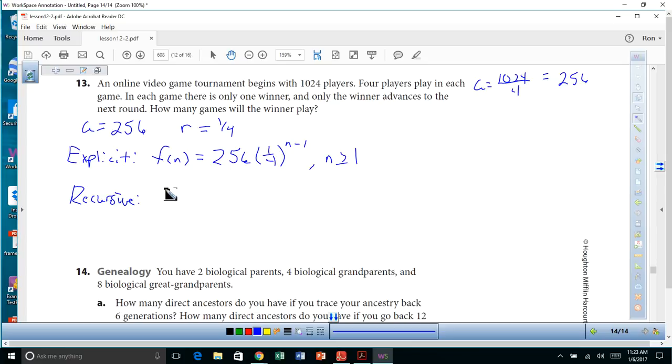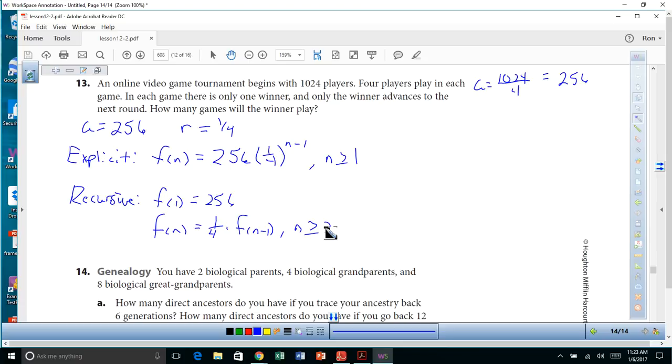Let's see here. F of 1 equals 256. F of n equals 1/4 times F of n minus 1. And that's going to be for n is greater than or equal to 2.